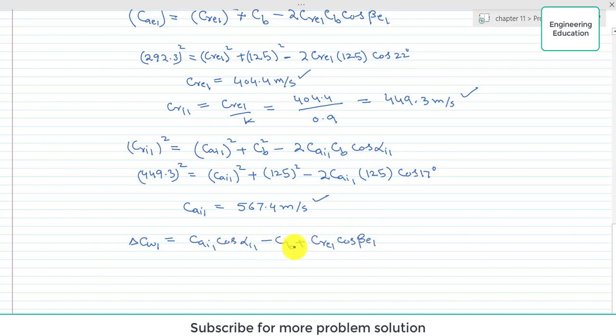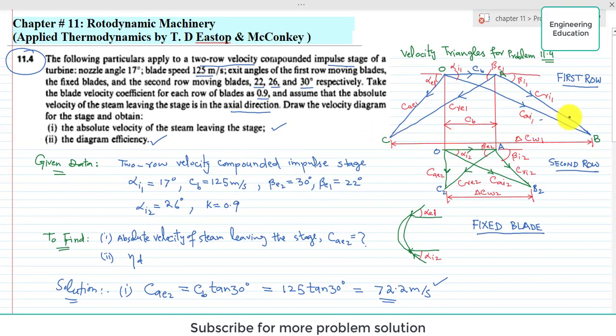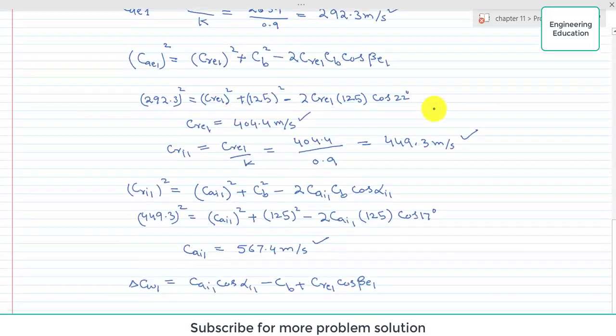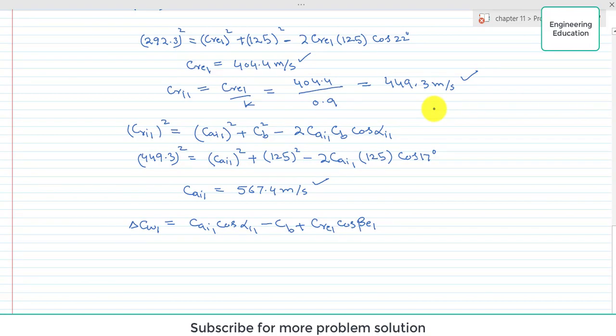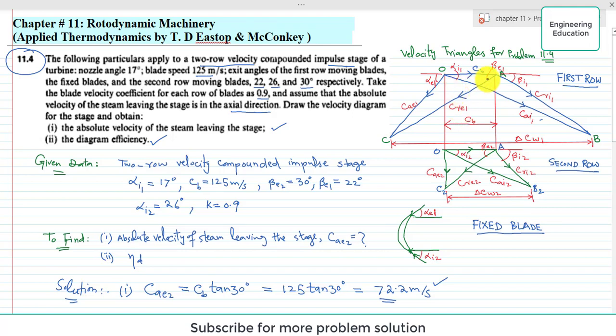So this expression comes out from the velocity triangle for the first row. CRE1 cos beta E1 is this length from here to here.